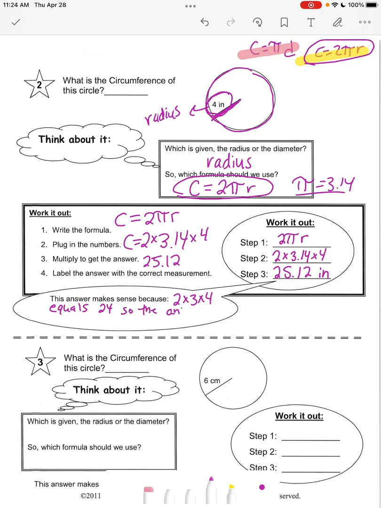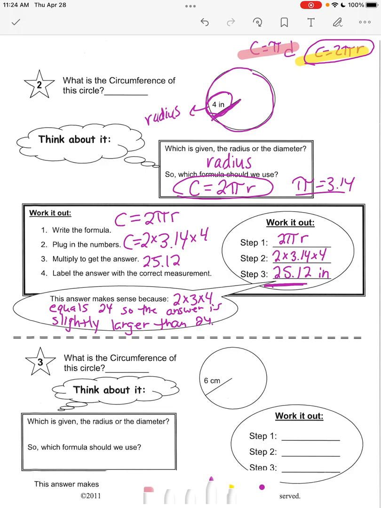So the answer is slightly larger than 24. And it is slightly larger than 24 because it's 25.12. Okay? If we were to multiply the exact amount of pi 3.14 in, that's where we get the 25.12.